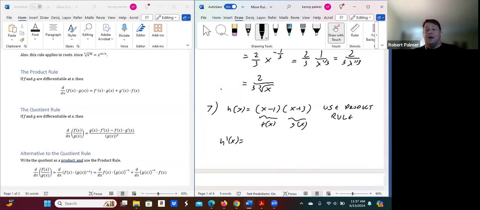So remember, if you take the derivative of just this by itself, the derivative of x is just 1, minus the derivative of a constant, which is 0. Then it's times g of x. That's what the formula says, times the other function, not taking the derivative of it. Then plus the derivative of the second function.